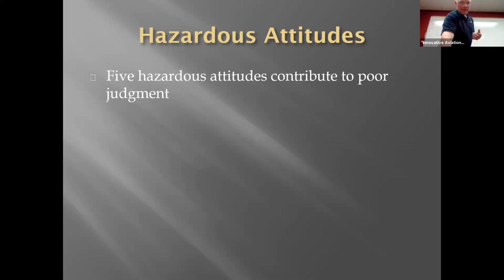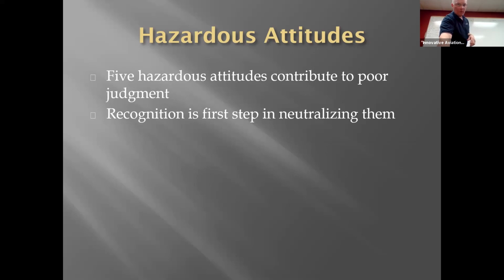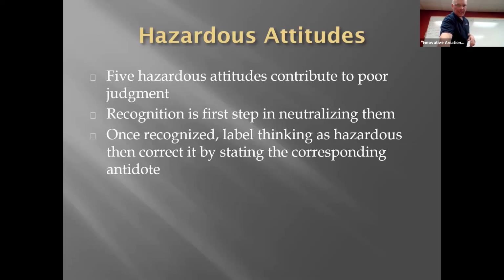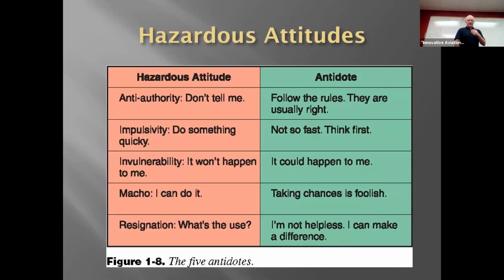So FAA says there are 5 hazardous attitudes that are going to contribute to your poor judgment. And so you need to recognize them and neutralize them. They talk about neutralizing them. So you recognize it, you label it, and you neutralize it with this antidote they call. All right, so what's the hazardous attitude? Anti-authority. So basically, you can't tell me what to do.